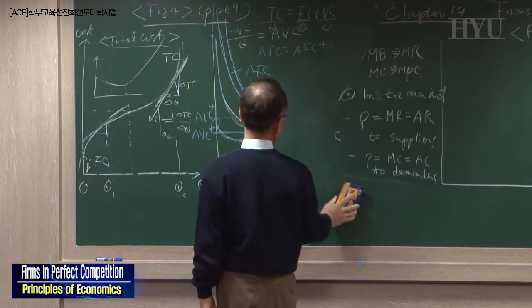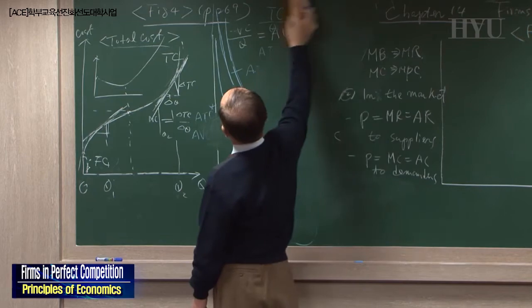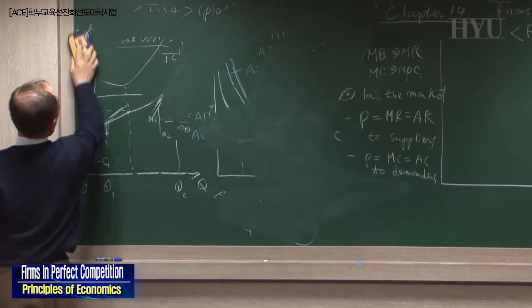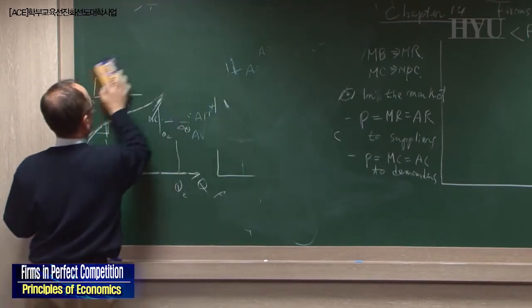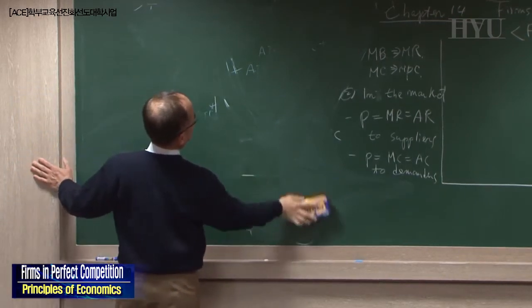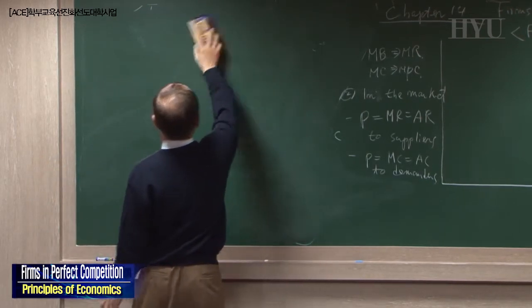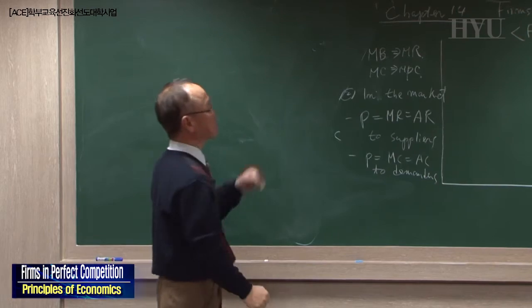Let's move on to chapter 14, today's main discussion. In a sense, this is a summation of our discussion so far. Then it wouldn't be difficult to understand, because in a sense it is a repetition of our discussion so far.